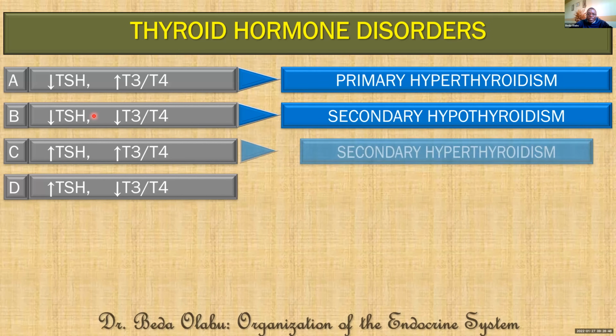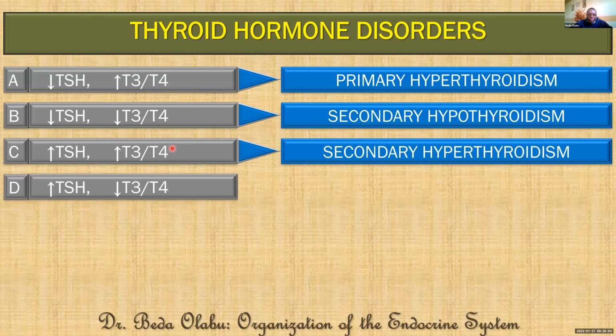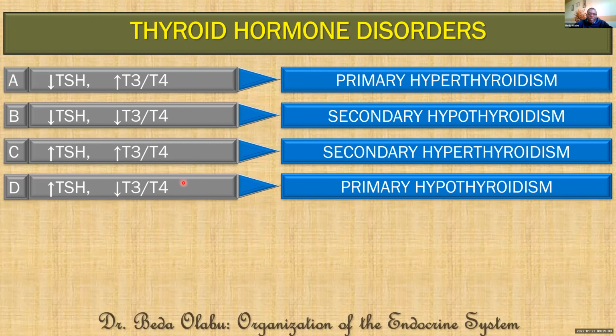Patient C has secondary hyperthyroidism, high levels of T3 and T4 because of overstimulation. And patient D has primary hypothyroidism. We see that it's being overstimulated, but there's no response. So this gland is hypoactive.